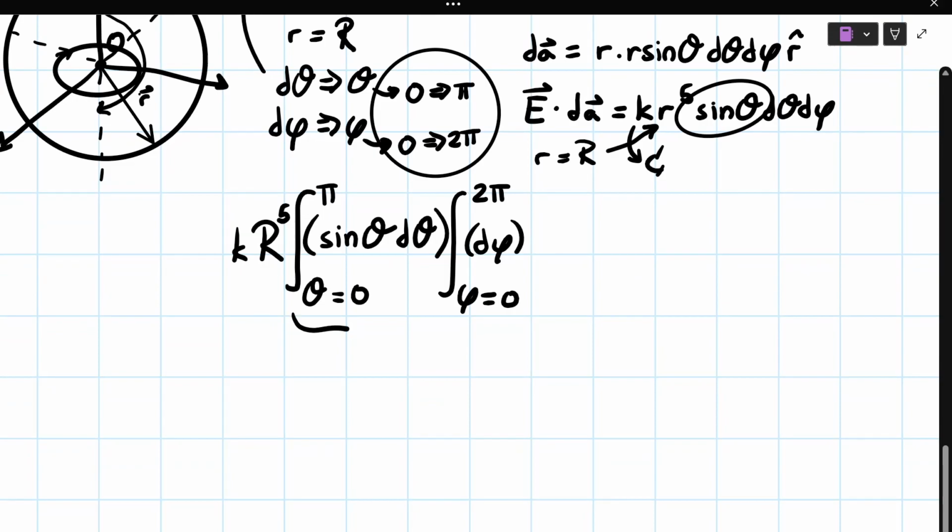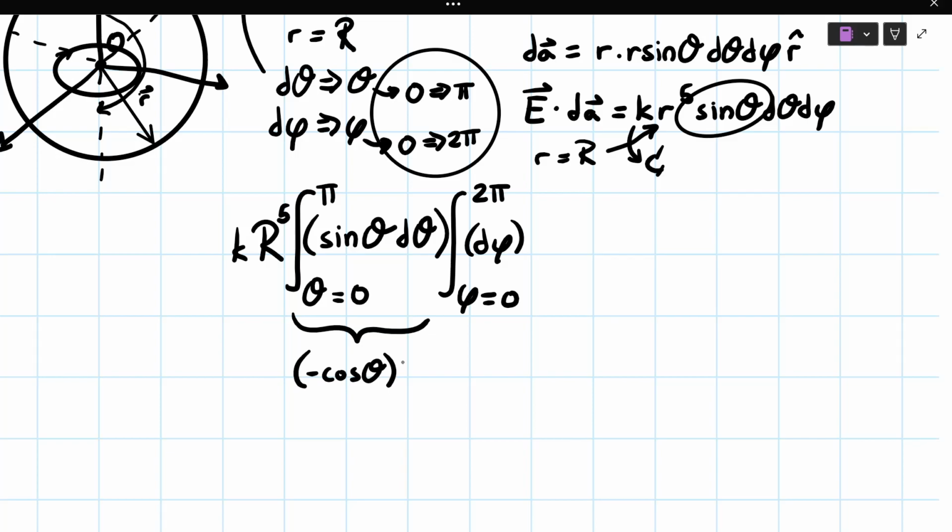We'll perform both of these. We end up with negative cosine of theta from 0 to pi. And we multiply this not only by the constants we pulled out, but by the result of this one, phi from 0 to 2 pi.